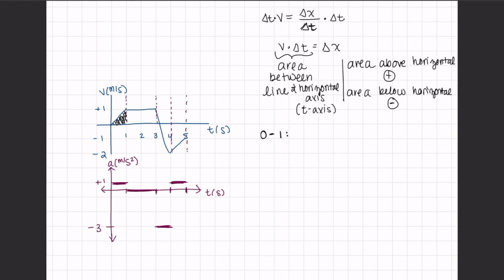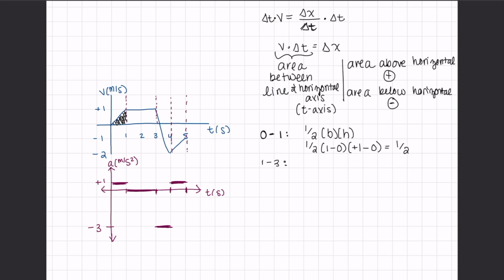So our area for that is of a triangle, so it's going to be 1/2 base times height. And our base in this case is going to be 1 minus 0, since that's the time interval that we're looking at. And our height is going to be +1 minus 0.